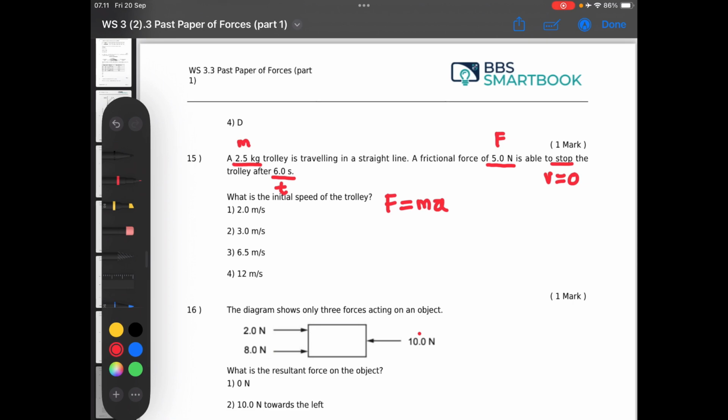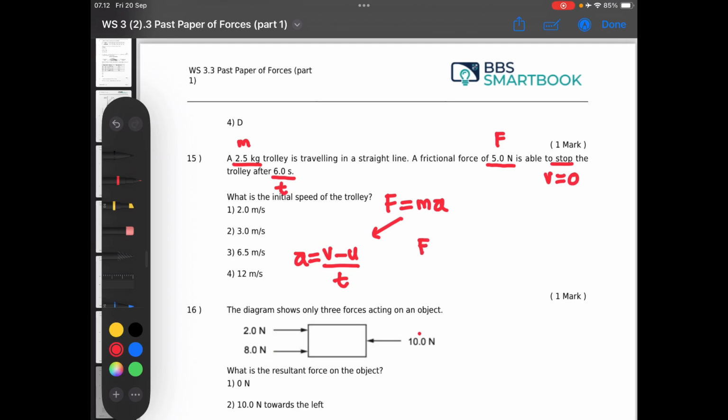First of all, you can change this equation while using the acceleration equation. What is the acceleration equation? If you have final speed, initial speed, and the time, this one. Now we will substitute the a into that equation.